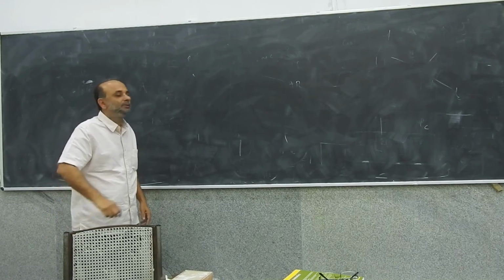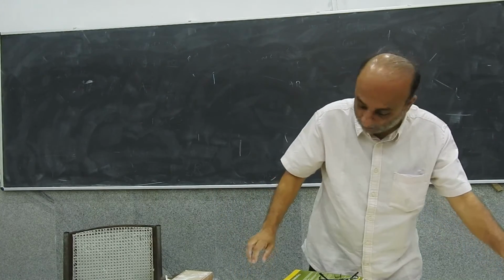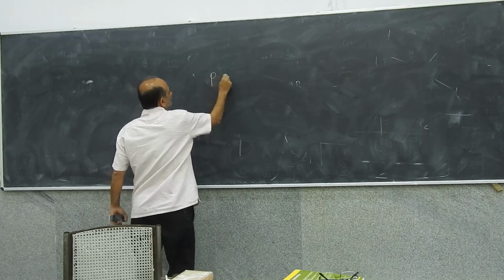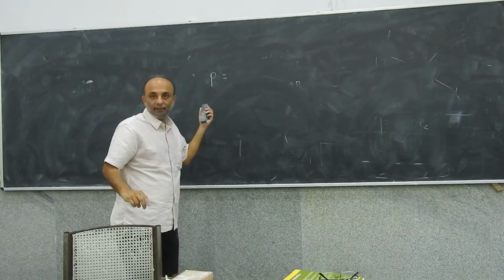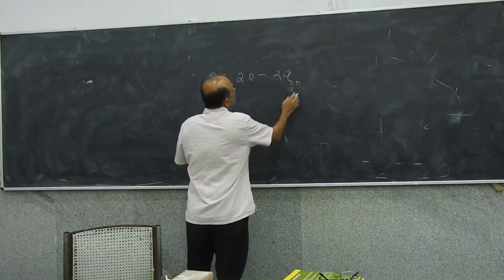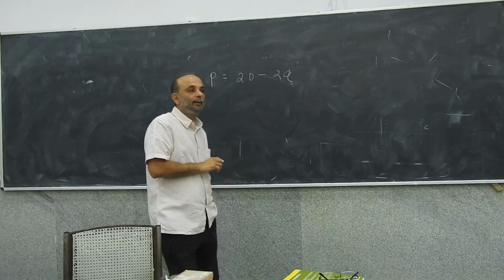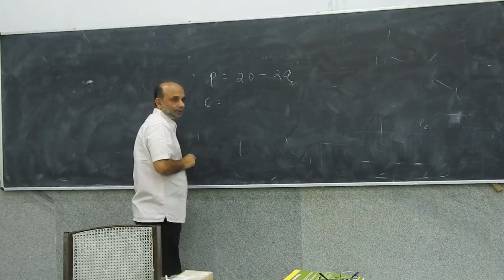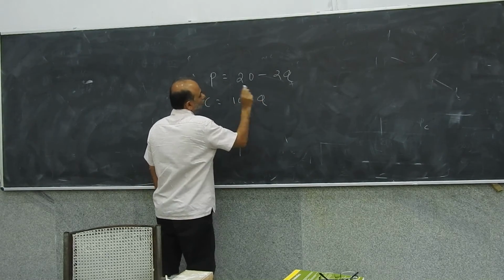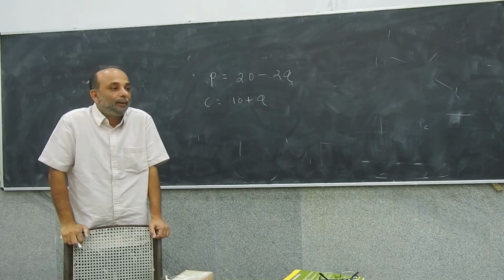The demand curve faced by the monopolist, really called the inverse demand curve, is P equals 20 minus 2Q. The cost curve is 10 plus Q.